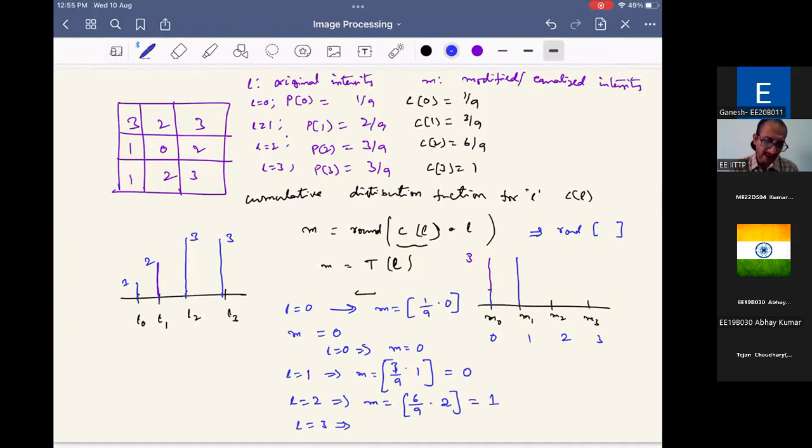The intensity of all pixels having this intensity, if you want to denote with another sketch, we can color, we can do that. So all intensities which were at L equal to 2 now get mapped to intensity 1.